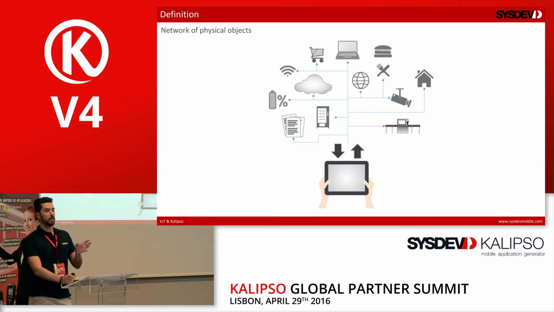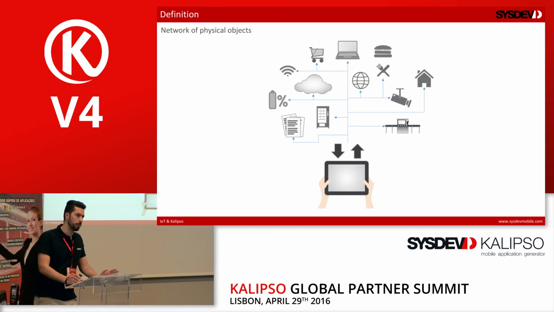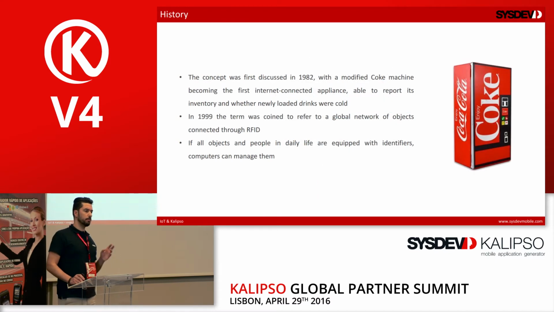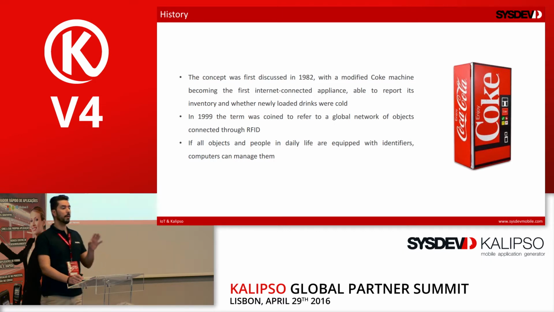Before I start explaining how it works, I'm going to give you a little bit of the history of Internet of Things. The concept was first discussed early, in 1982, when they modified a Coca-Cola vending machine. What they did was connect it to the Internet to report the temperature and the stock.